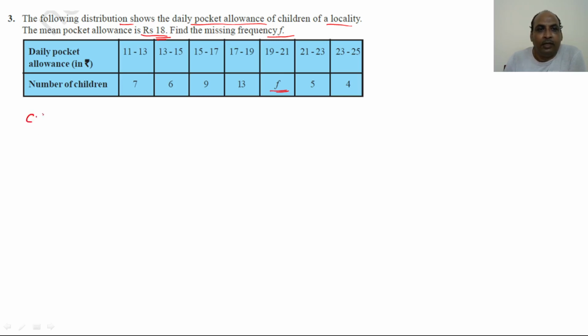First of all, class interval and frequency Fi, Xi also we will write.